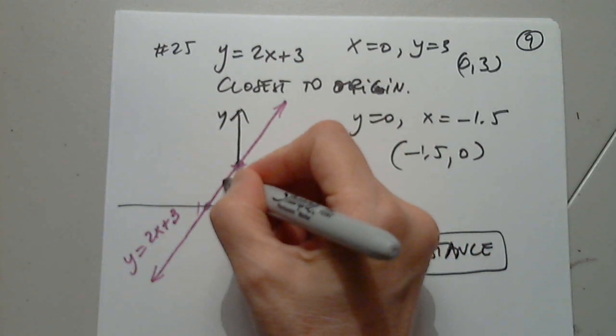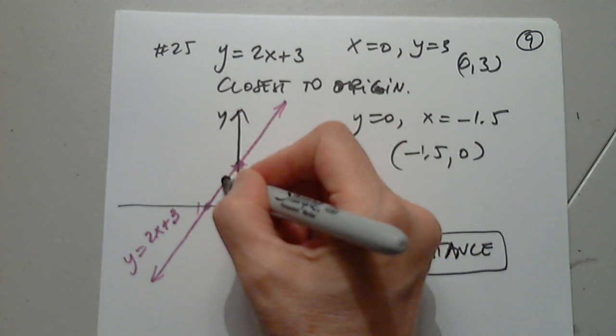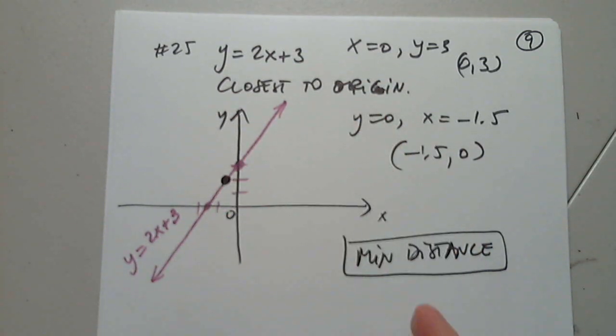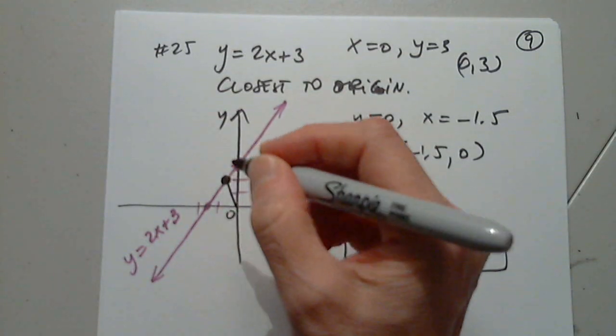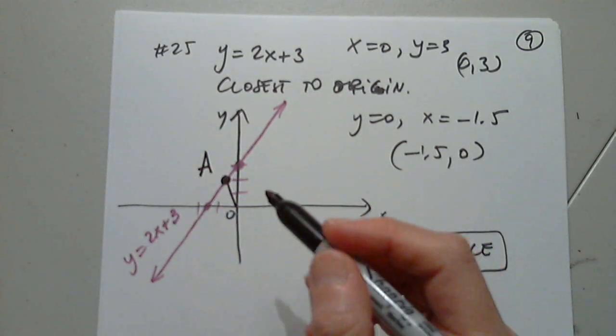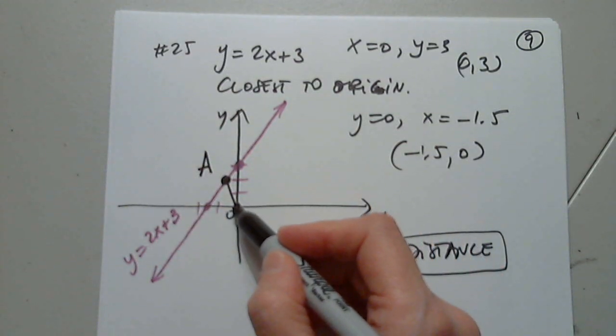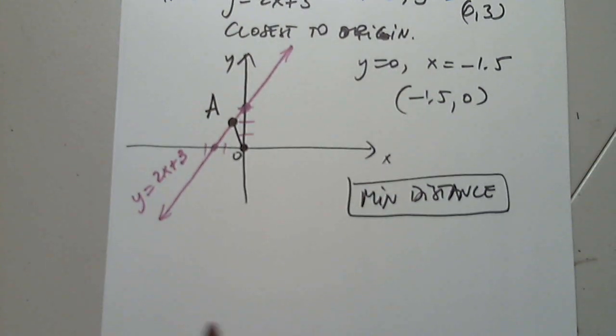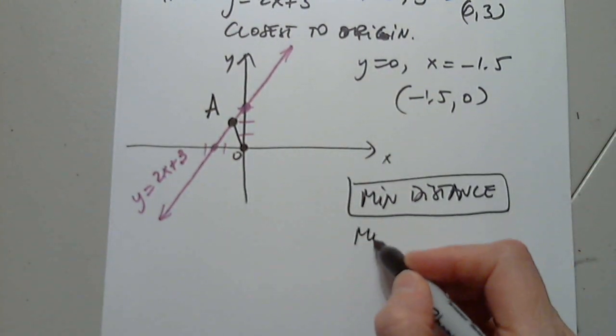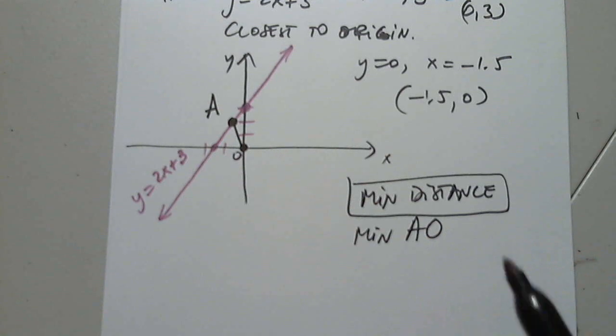So let's say this is the point. Closest, or minimum distance. So here's the distance. I'm going to call this point A, and this is the origin. So we want to minimize AO. That's the distance.